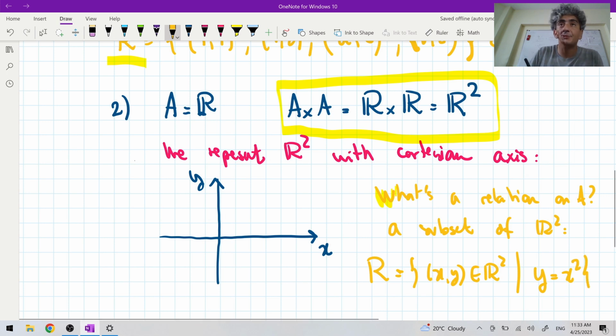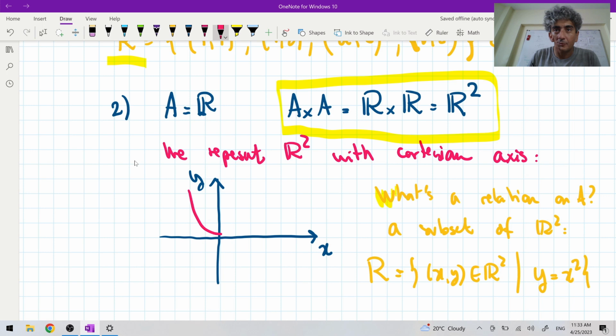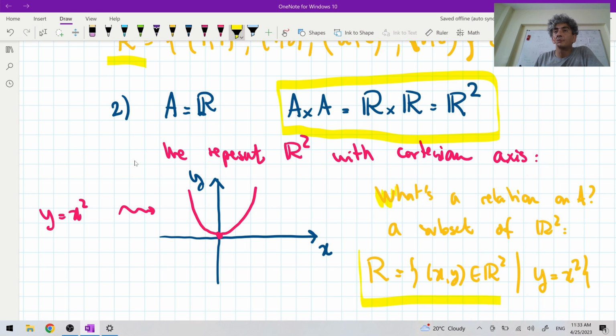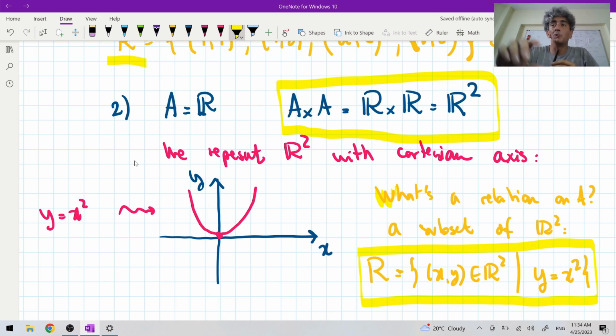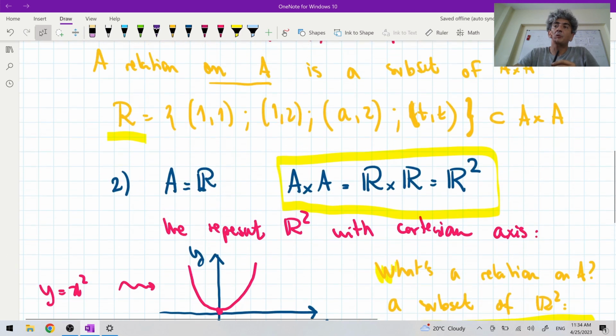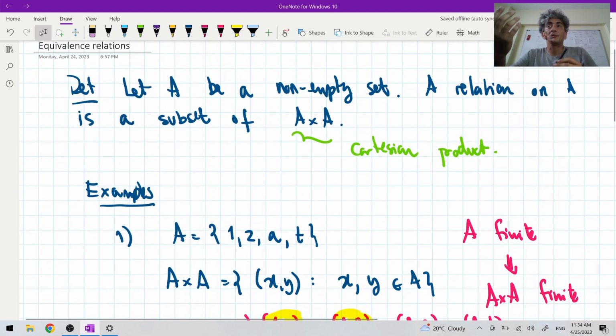In this case, that shows that the relation itself is a subset of R squared and can be depicted as a parabola that has its vertex at the origin, right? So this is a relation on A. It's a subset of the square A times A. It's a very flexible concept. But we're interested in equivalence relations.